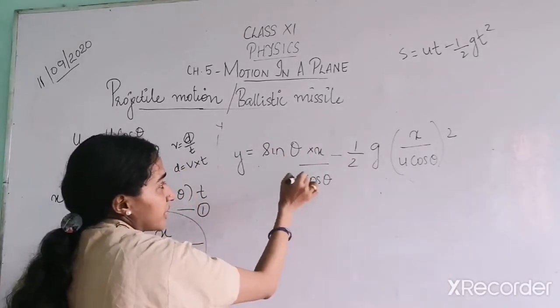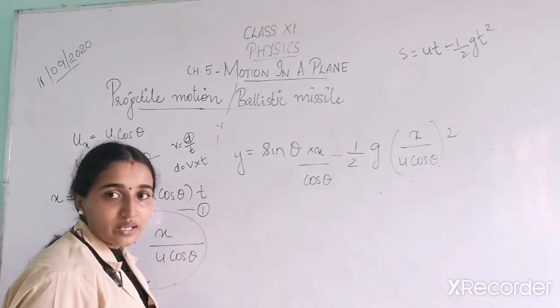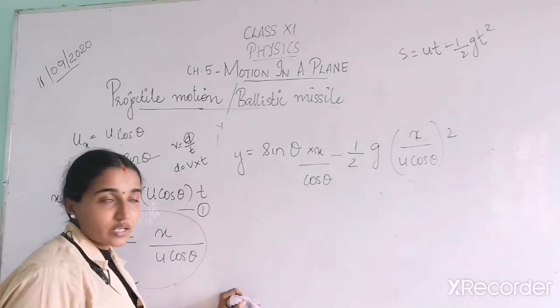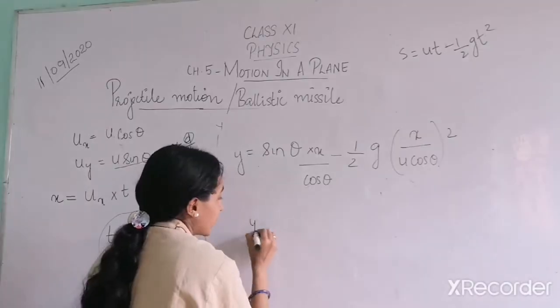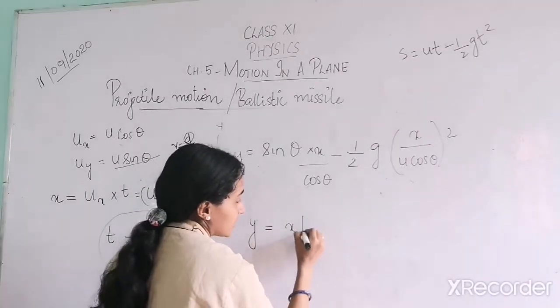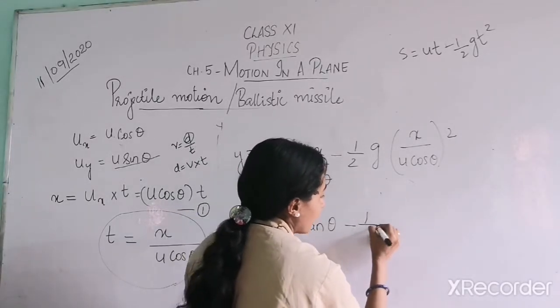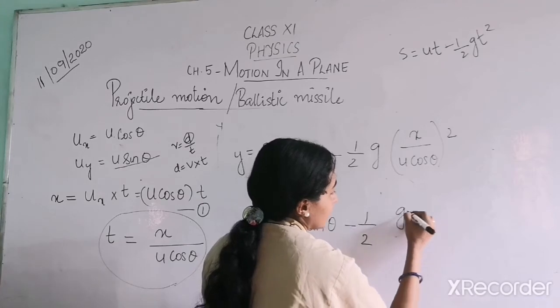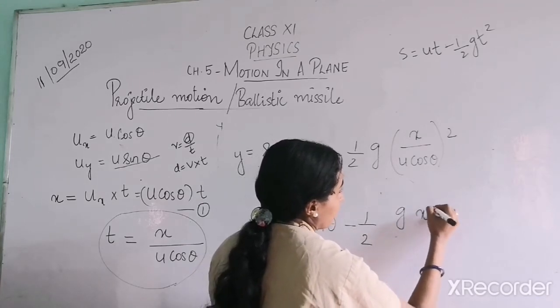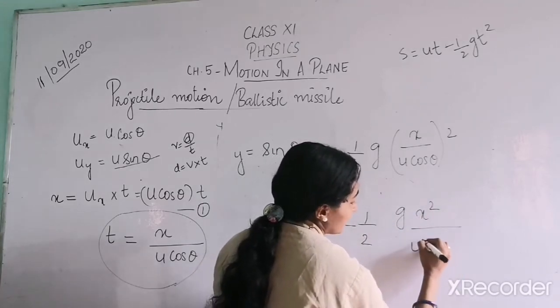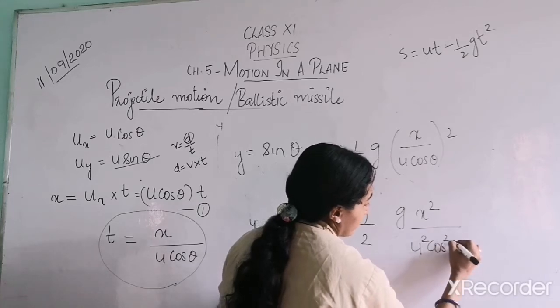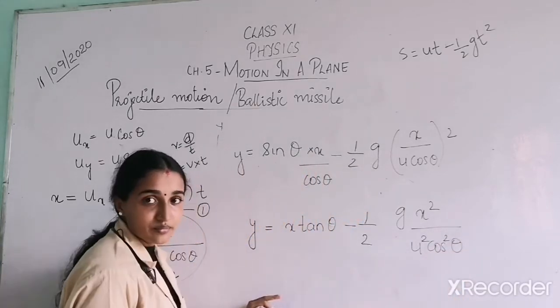Now what is sin theta by cos theta? It is tan theta, isn't it? So you can write y is equal to x tan theta minus half into g x square upon u square cos square theta. Okay.